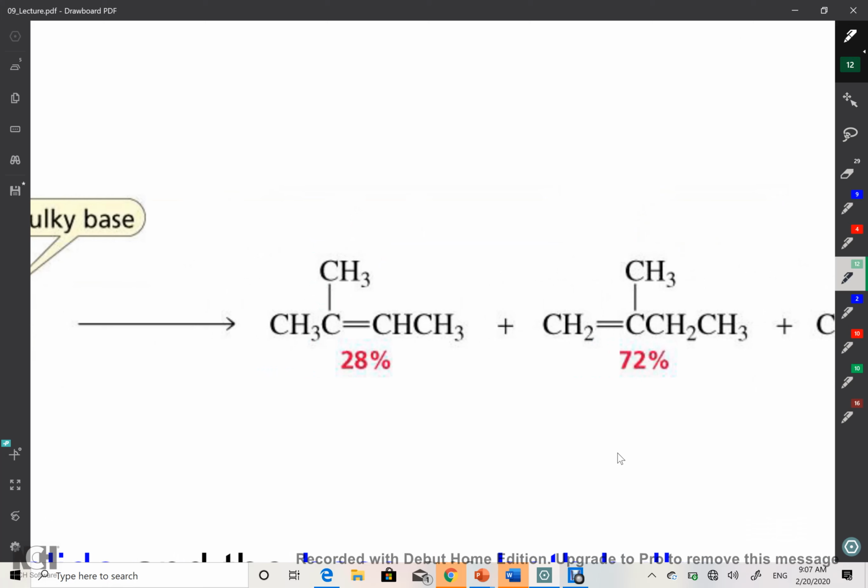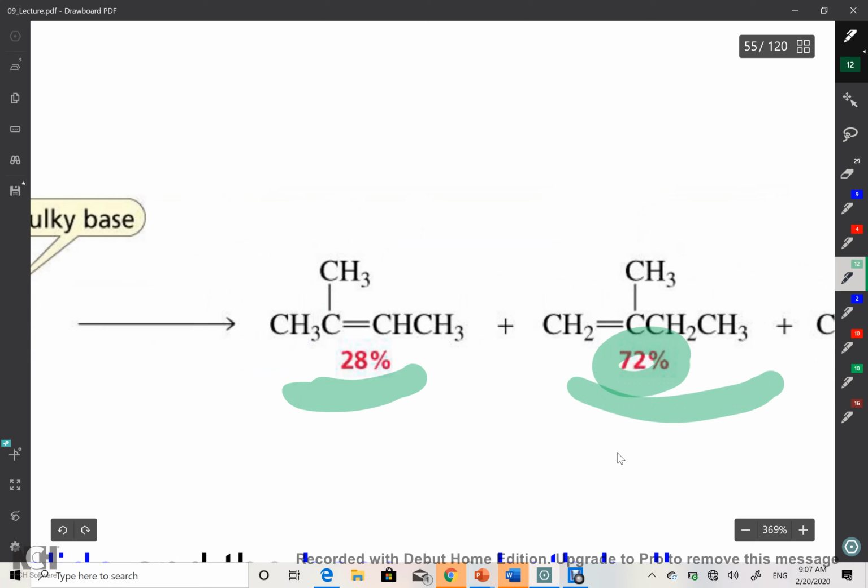Although this one is less stable, it will be our major. And then our more stable becomes the minor, simply because we had a bulky base that could not access the beta hydrogen of interest. But if you have a small base, then the rule will apply. The size is also important.